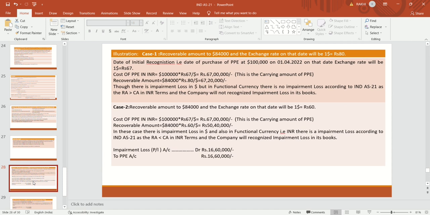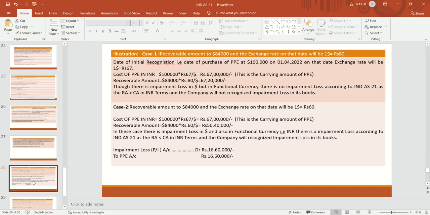In the next case, the recoverable amount will be $84,000 and the exchange rate on that date will be 60 rupees per dollar. Let me check. Cost of PPE in INR will be 67 lakhs. Recoverable amount, there is a decrease in foreign currency.